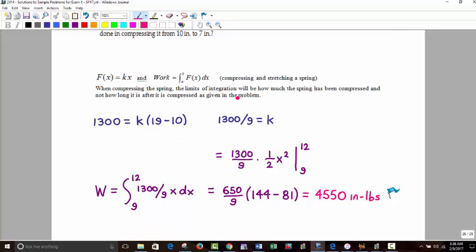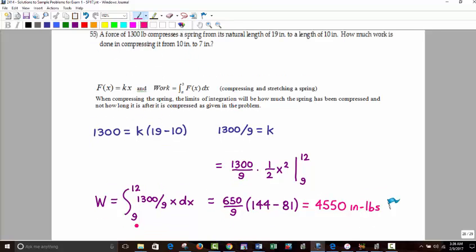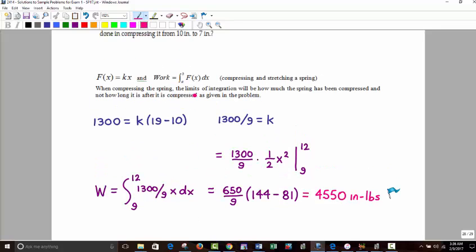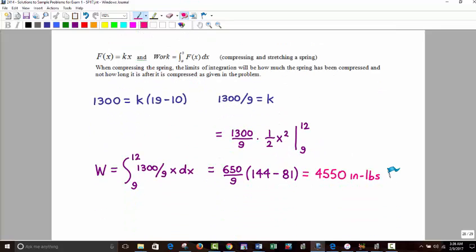It's a gap of 3, but you've moved it in 9, and then you're moving in to 12. So the limits of integration are 9 to 12, not 7 to 10.